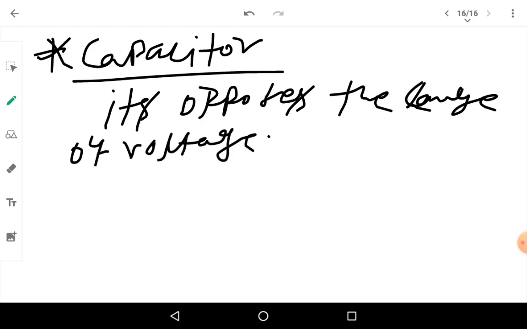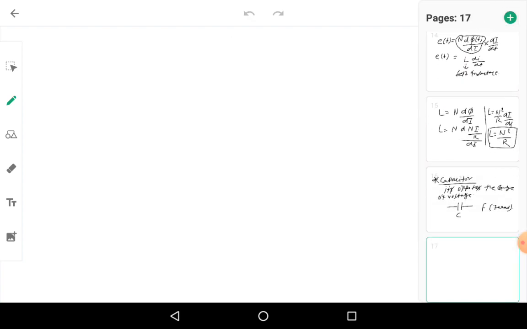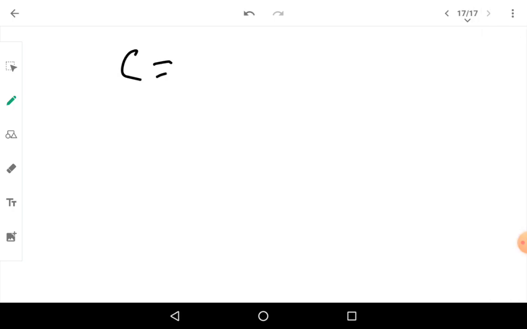It's denoted by C, and the unit of capacitor is farad. Where C equals epsilon naught A upon D.